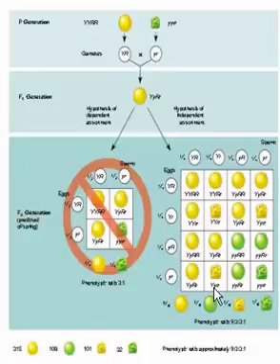If I look for yellow wrinkled, I have 1, 2, 3, which is 3/16. If I look for green and smooth, again, the probability of getting green is 1/4. The probability of getting smooth is 3/4. So that's also 3/16. Again I have 1, 2, 3 categories that fall into that. So it's 3/16 for that.